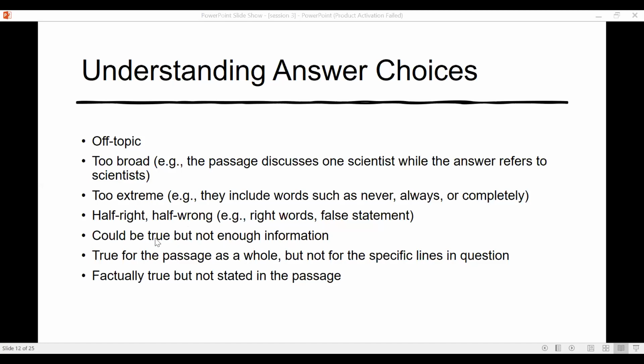Could be true means, yes, it can be right, okay? But the point is that, for example, if I'm asking you about a certain character reacting to a certain situation in a certain way when another character was present, and you started talking about the same main focus in one answer choice, but you didn't cover all the elements that I asked in the heading of the question, you feel, yeah, could be true, but not enough information.